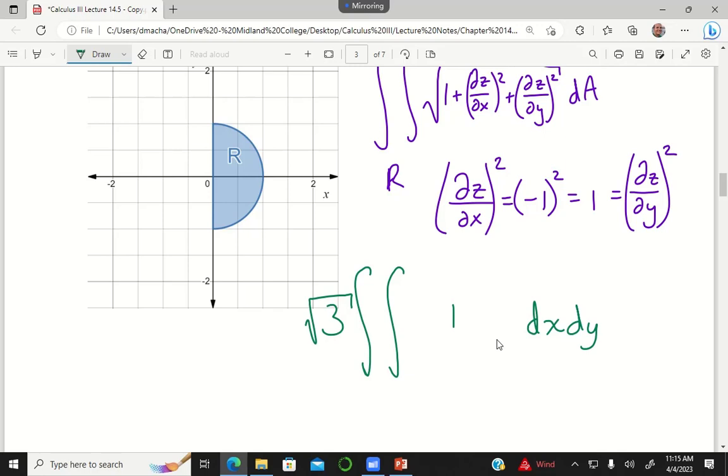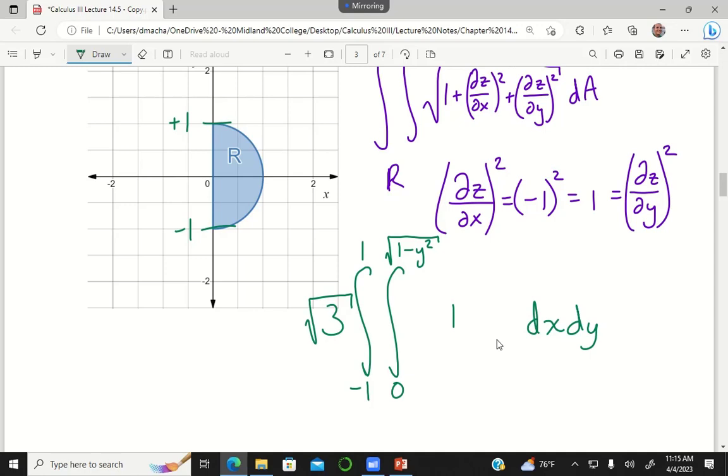But then my outside integral is in terms of y. And so I'm going to say that my y as a constant can be anywhere from -1 up to +1. So those will be my bounds of my outside integral. And then if I try to write x, well, the lower bound on x is 0, and the upper bound on x is going to be the square root of 1 minus y squared.